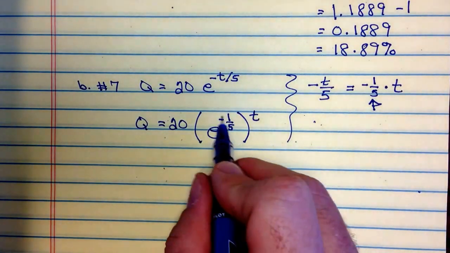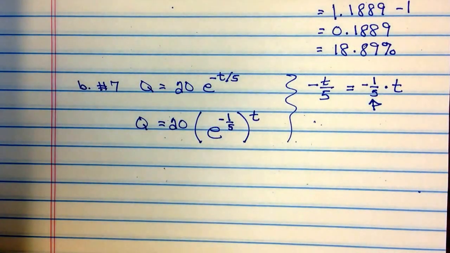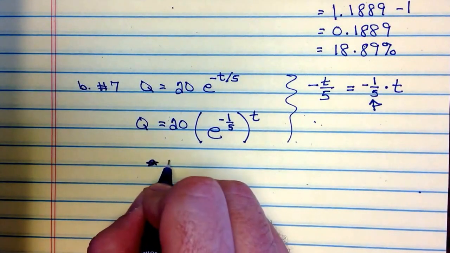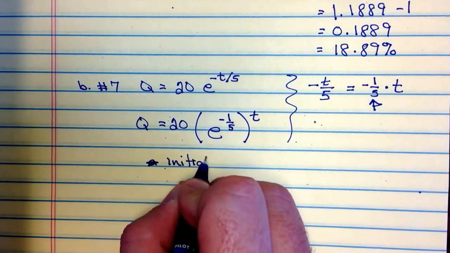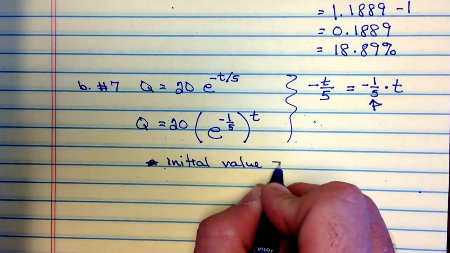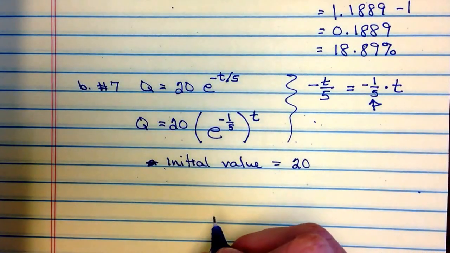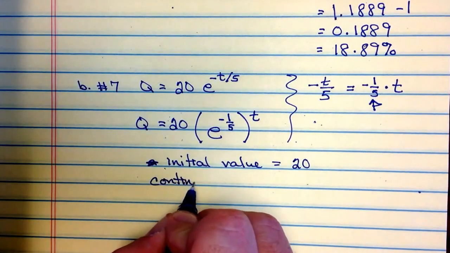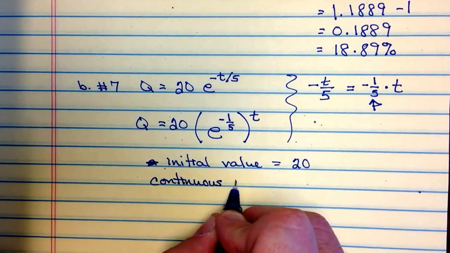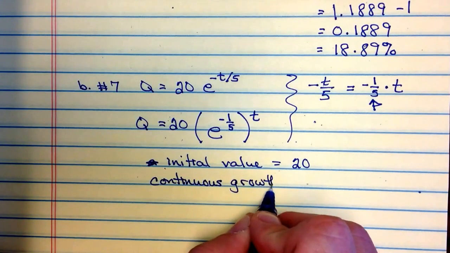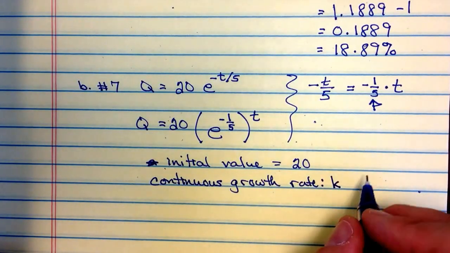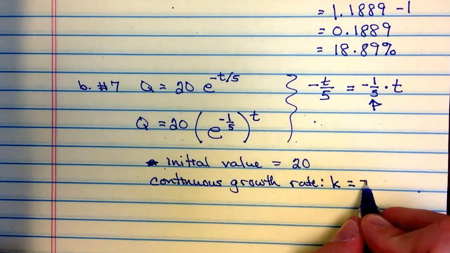That way I can see my growth factor and my continuous growth rate very clearly, because now we know little a, let's call it the initial value, is going to be 20, and the continuous growth rate, remember, that's the little letter k, is going to be equal to negative 1/5.